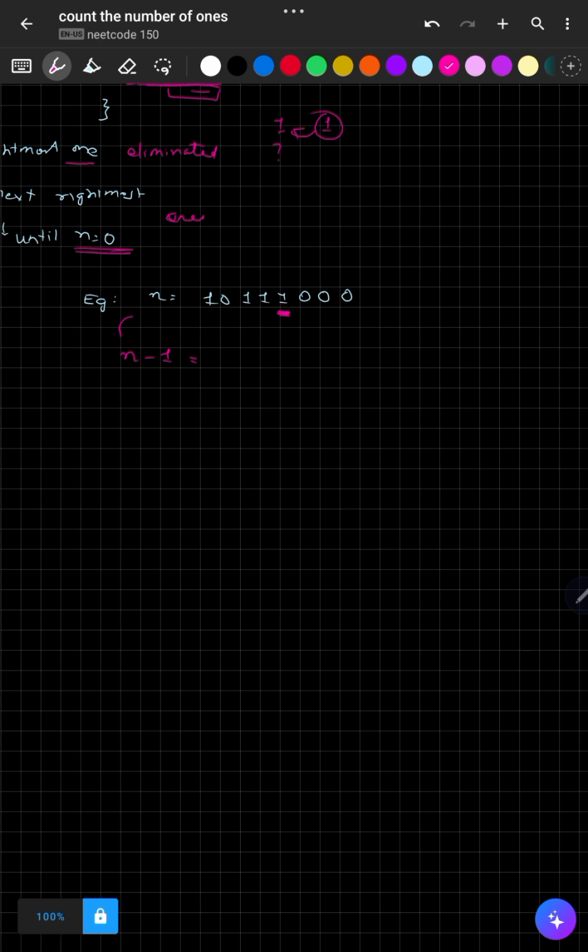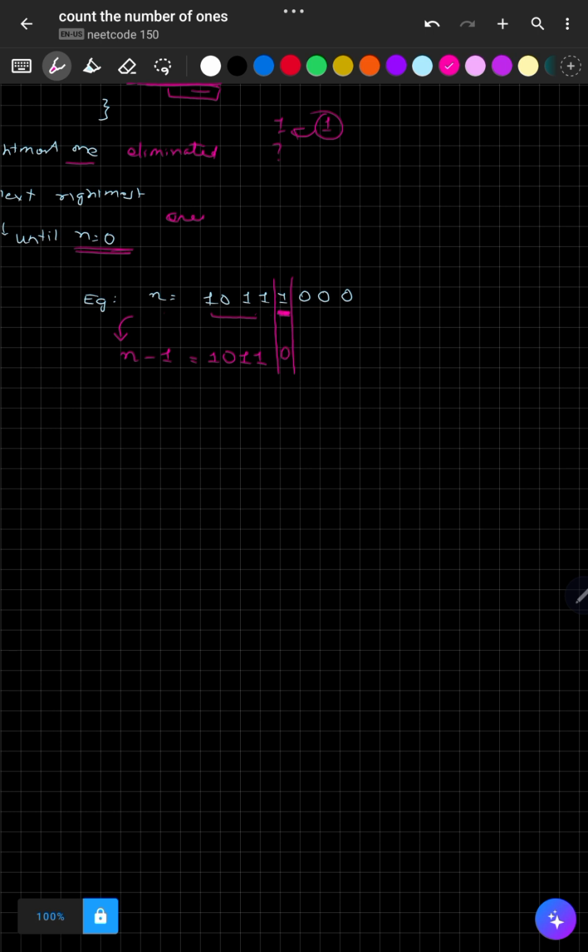Now, in the binary representation of n minus 1, all the digits on the left side of this one will remain intact. And this particular one will become 0.